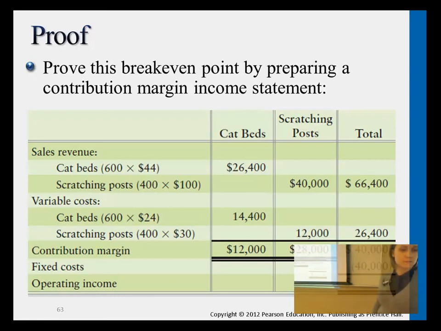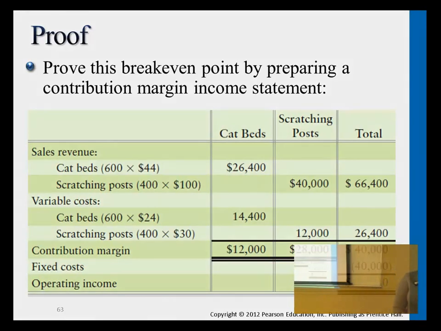Any idea? Okay, good. I didn't go over it separately, but we've gone through this before, right? Okay, so we know the fixed cost is 40,000. That was given to us, and so our operating income is 0, and that's true for the break even. Okay.